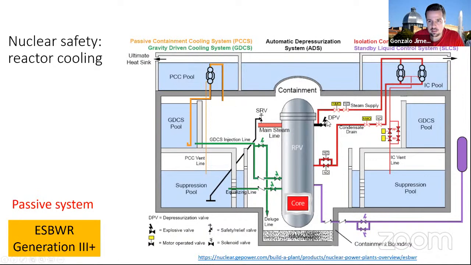And we have systems that can condense the steam we are producing in the vessel and send it back to the vessel in the form of water. So all these passive systems don't need any electricity other than opening valves, and that can be done with passive valves such as explosive valves, or battery operated valves. That's the way we are replacing the pumps based on electric current.